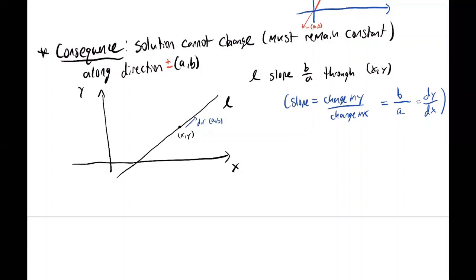And another way of thinking about this is if, let's say this is my point A comma B, which is given to me. Well, the vector A comma B looks something like this, and so the line is just going to be parallel to this vector, and so in particular, the slope of the line has to be the same as the ratio B over A, or the slope of this vector, right?